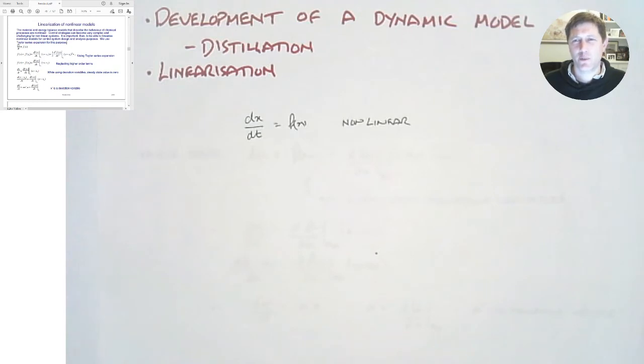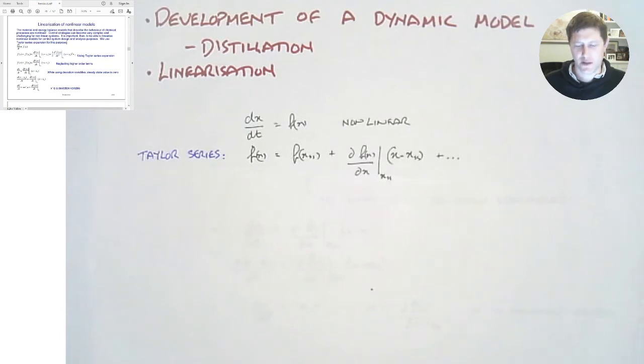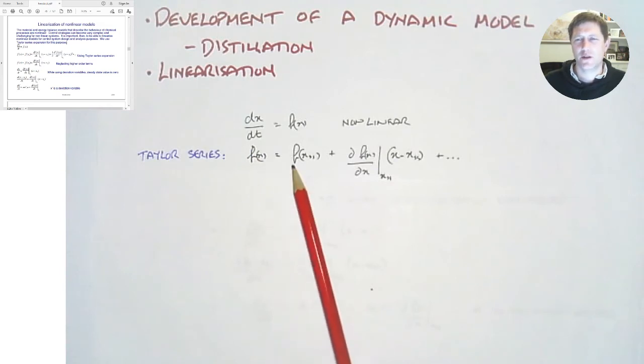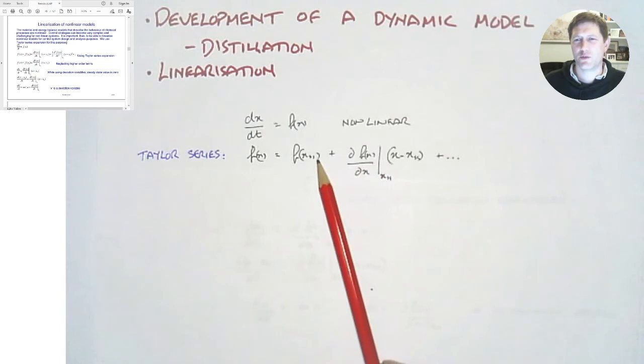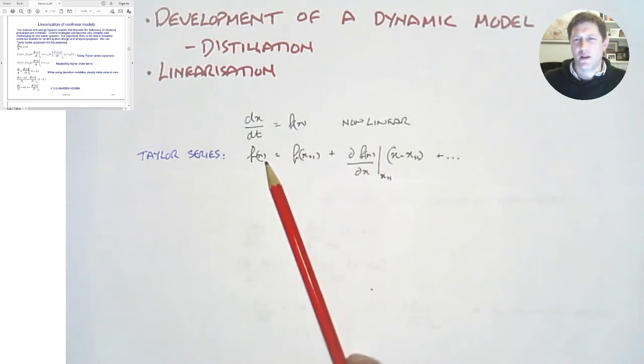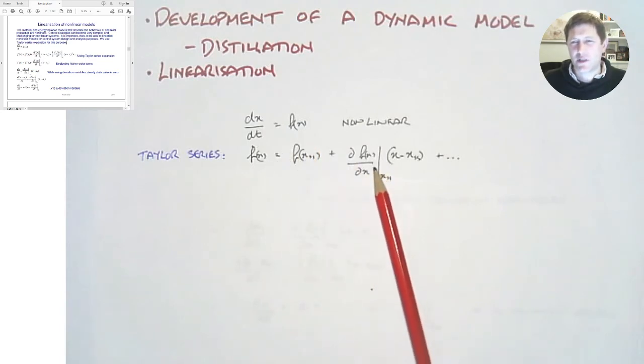So that's no problem, because we have a method for that from first year. We've got the Taylor series. The Taylor series will approximate a function f of x by finding a succession of terms which approximate it. It works very nicely, but it has the limitation that it only finds the approximation in a local area around a particular point.